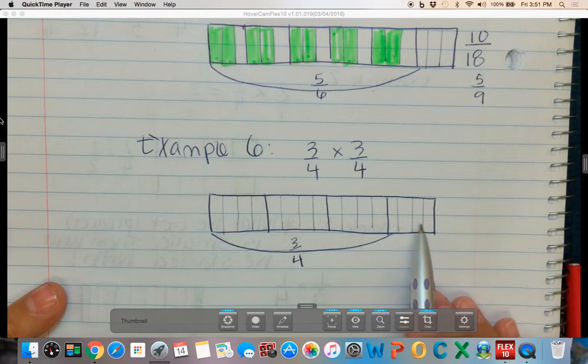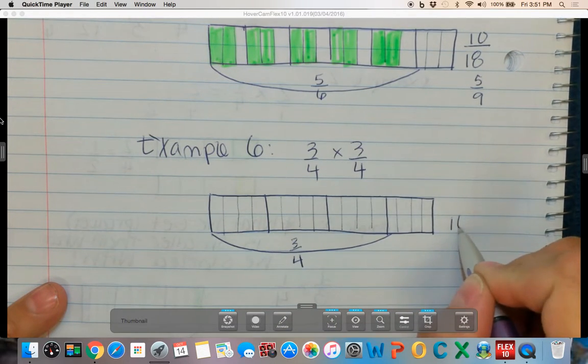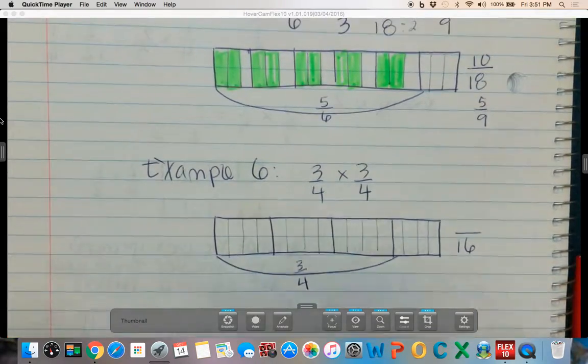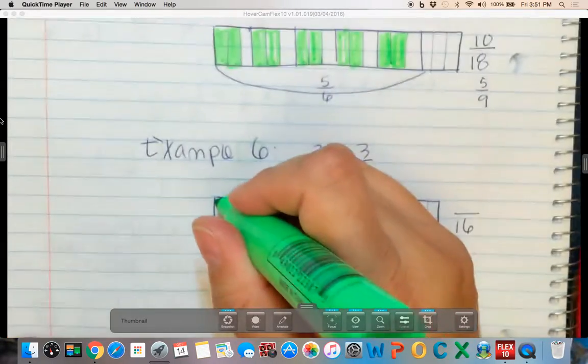How many pieces do I have total? I have 16. Now it wants 3 out of each of those 4 pieces.